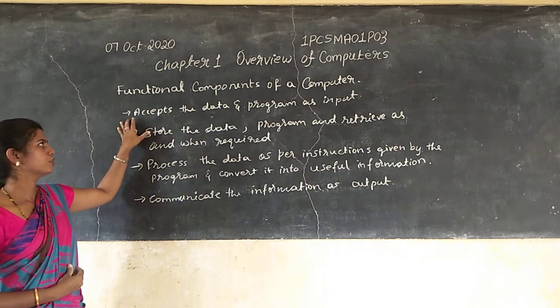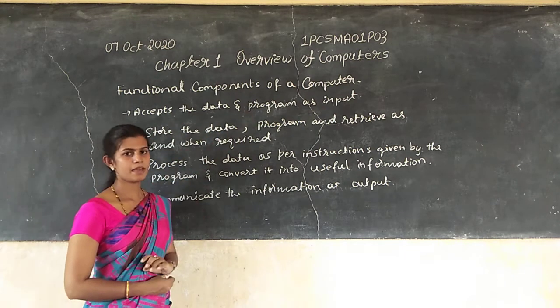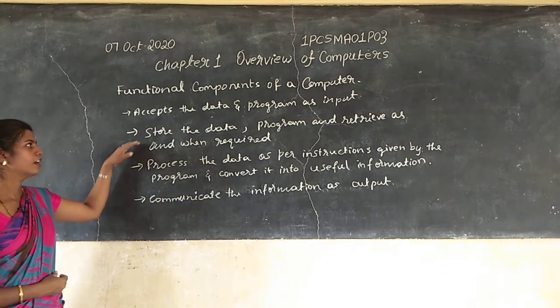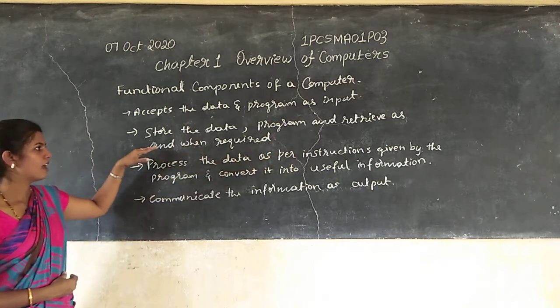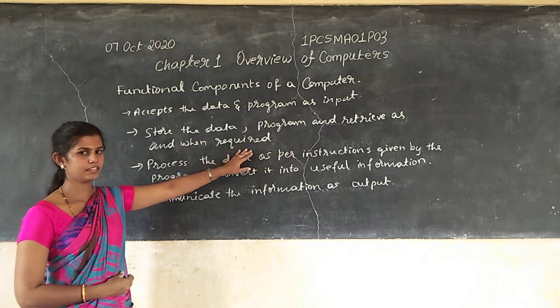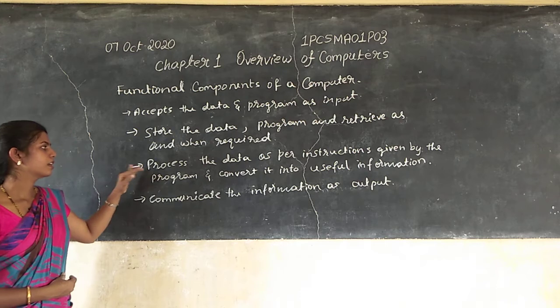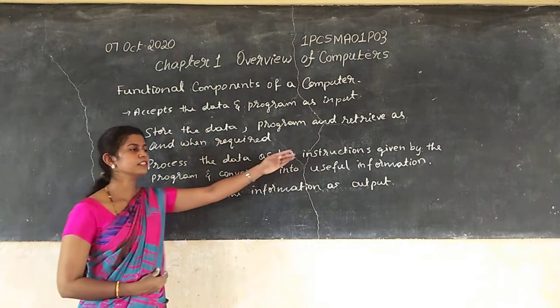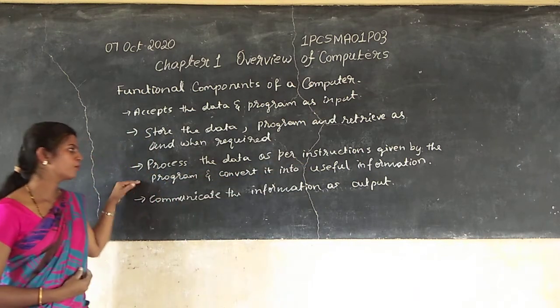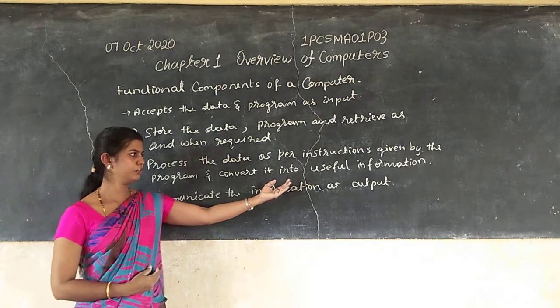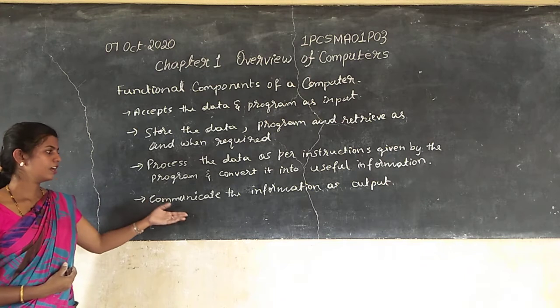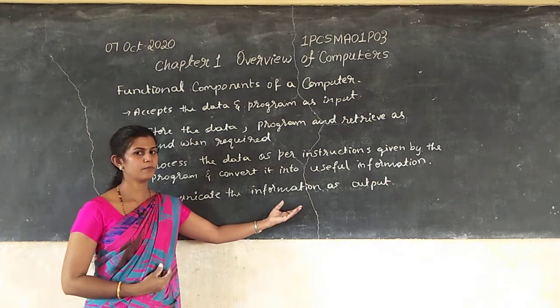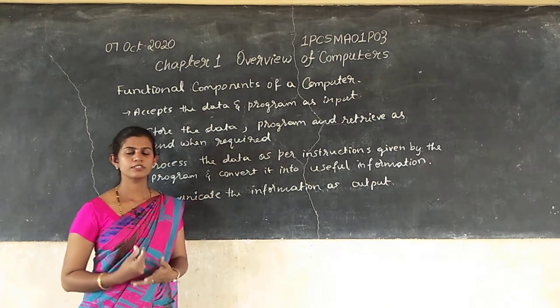First, it should accept the data and program as input, and store the data and program and retrieve them as and when required by the user. It will process the data as per the instructions given by the program and convert it into useful information. Next, it will communicate the information as output to the user.